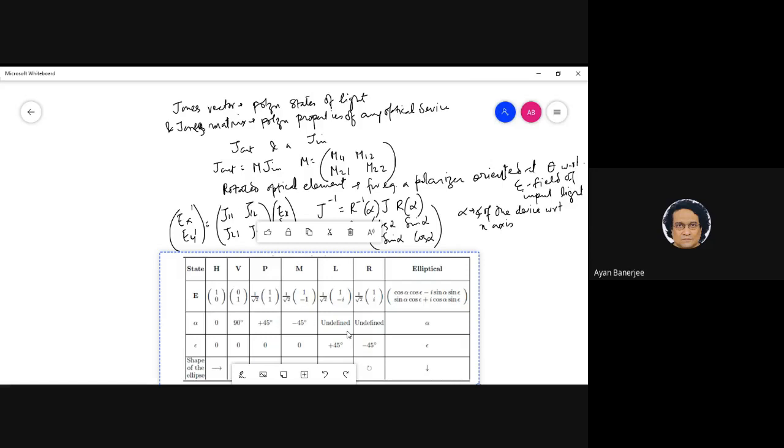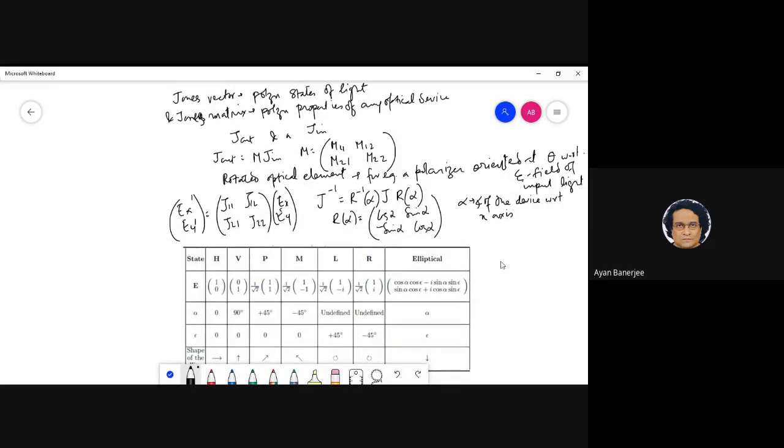Okay, so this is absolutely fine, but the important thing to keep in mind is that the Jones representation caters to pure states. This is very crucial.